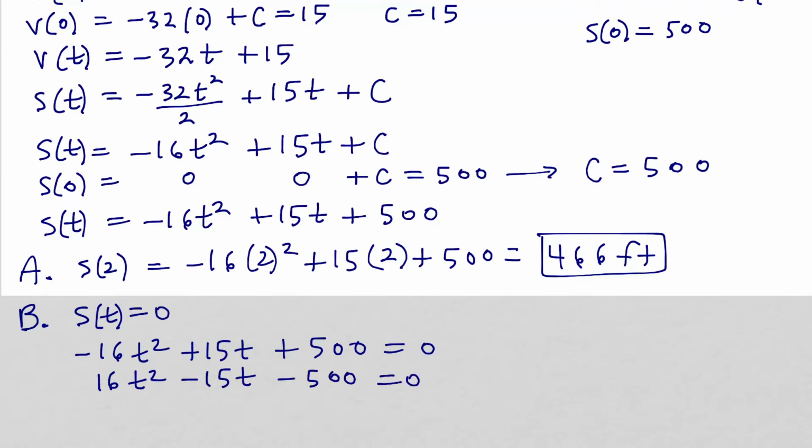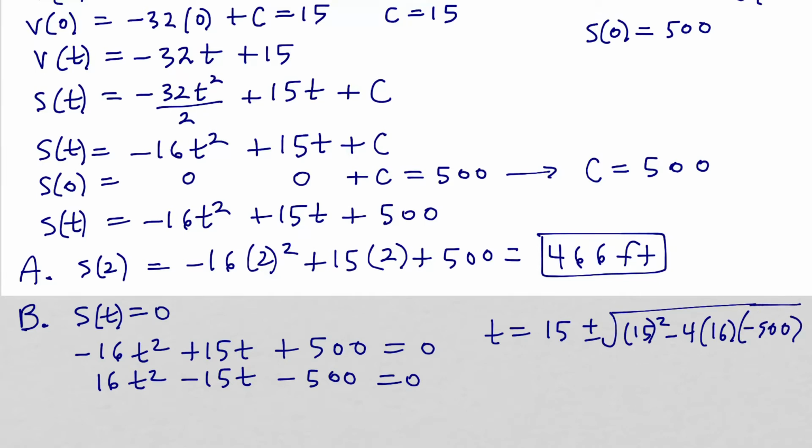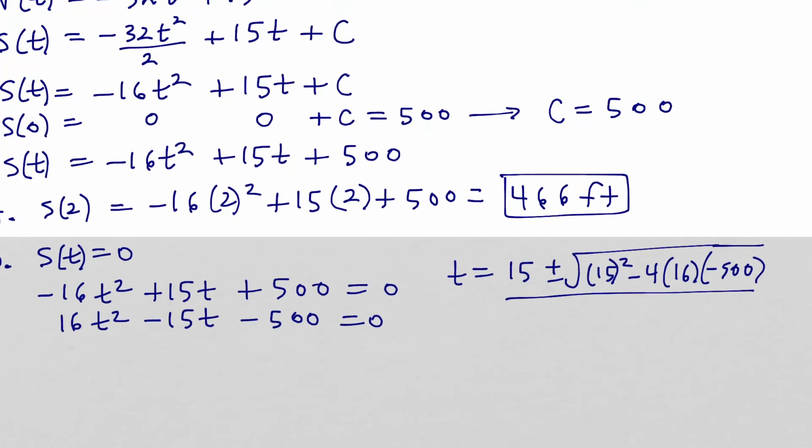All right, so that means t is going to equal 15 plus or minus the square root of 15 squared minus 4 times 16 times negative 500, divided by 2 times 16.